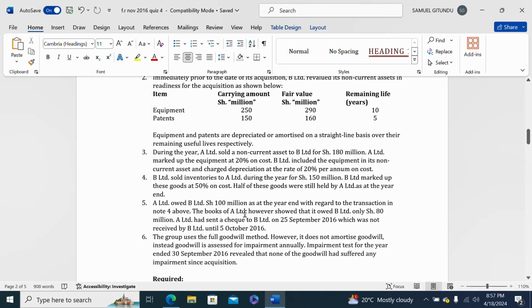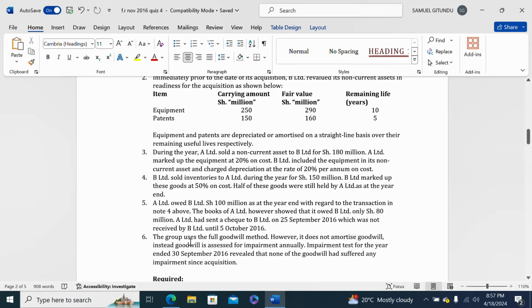The books of A Limited, however, showed that it owed B Limited only shillings 80 million. A Limited had sent a cheque to B Limited on 25th September 2016, which was not received by B Limited until 5th October 2016.